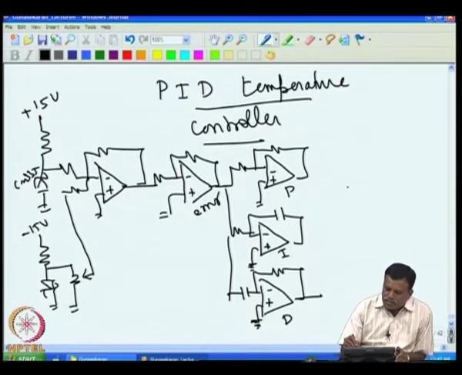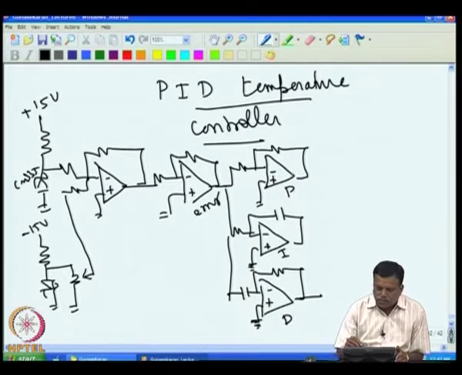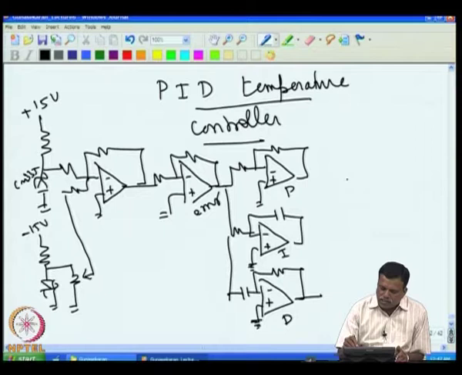Then you sum all these three. Like earlier you had summed only P and I, now we sum all these three.